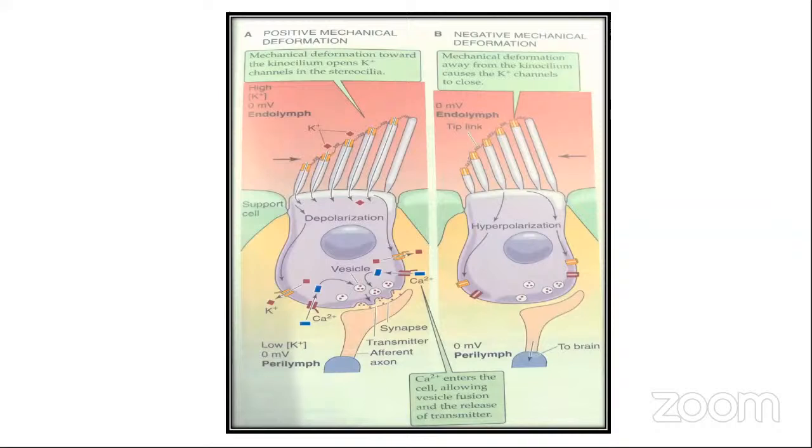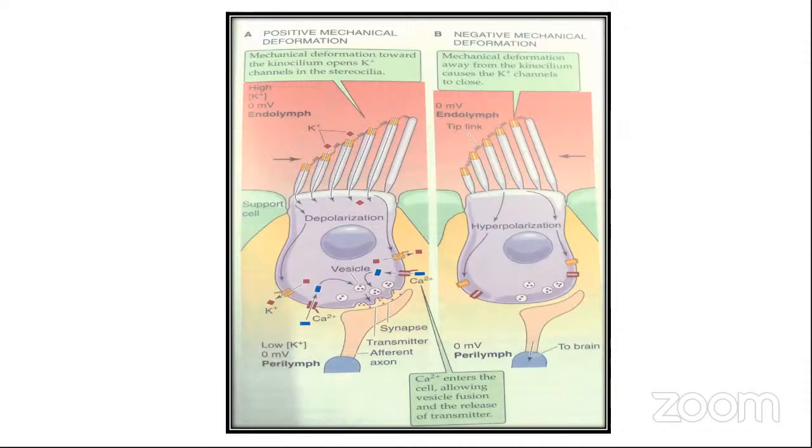So it will result in hyperpolarization and the impulses are going to the brain. On the left side, the mechanical deformation towards the kinocilium opens potassium channels in the stereocilia and it causes depolarization, and you can see the calcium entering.